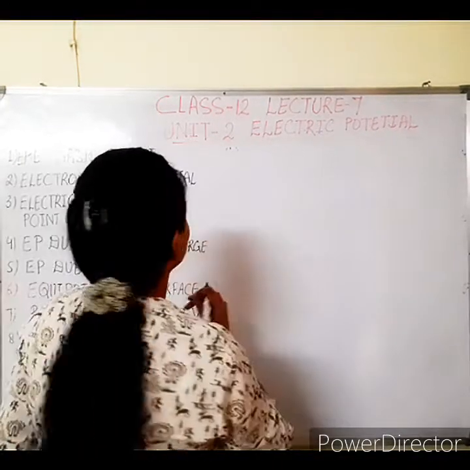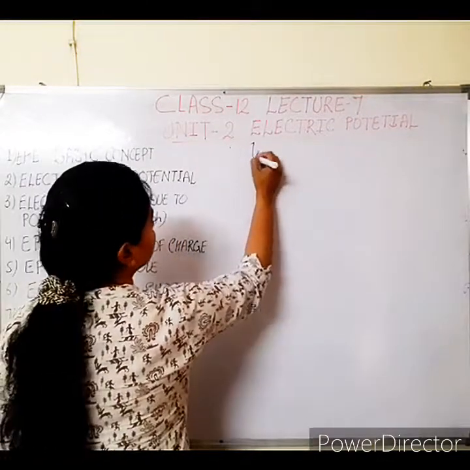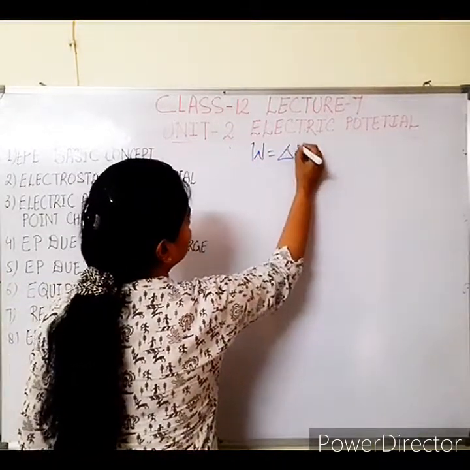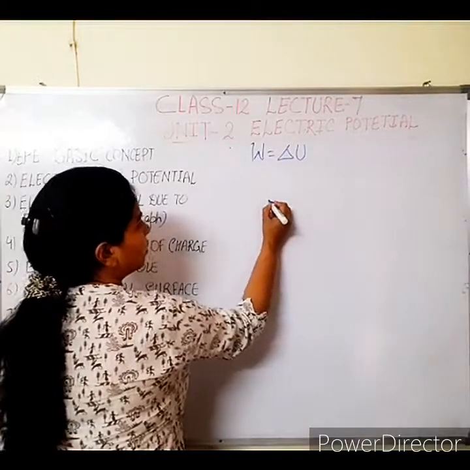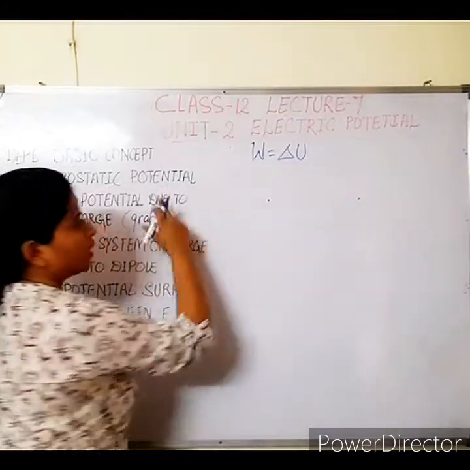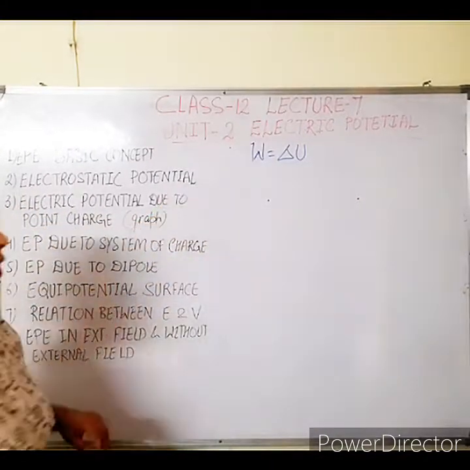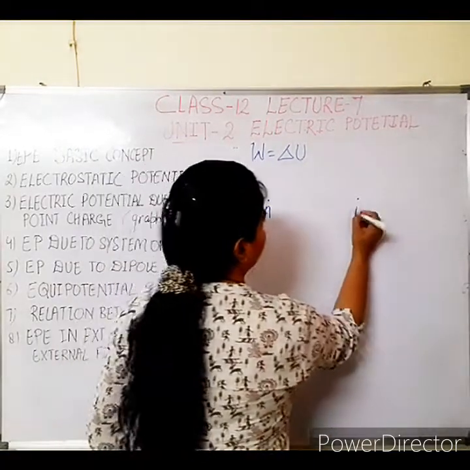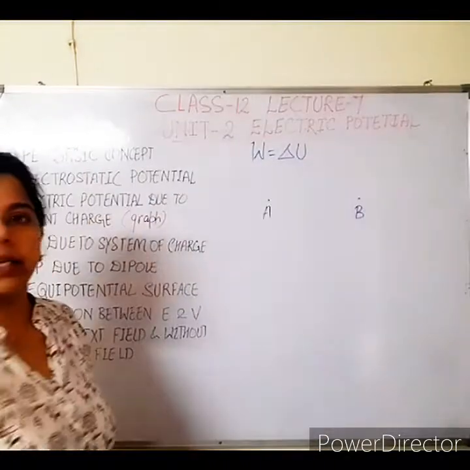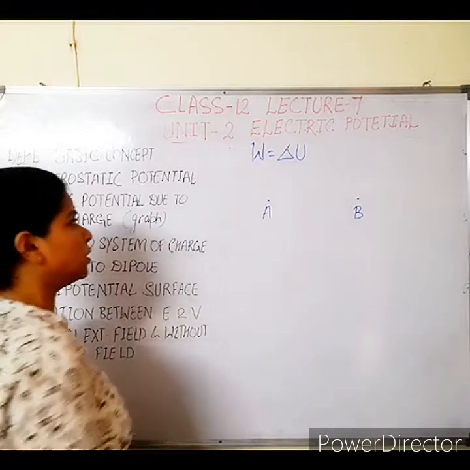Okay, now come to the case that work is equal to change in potential energy. No need to draw the case where the source charge is present. These are the 2 points A and B present in the electric field of the source charge.